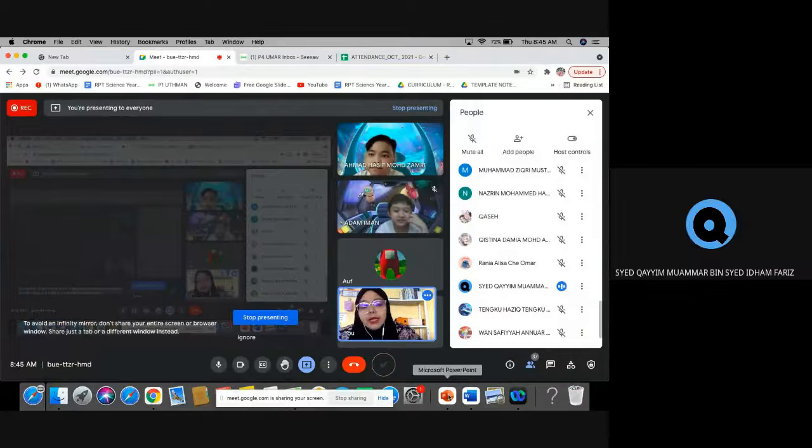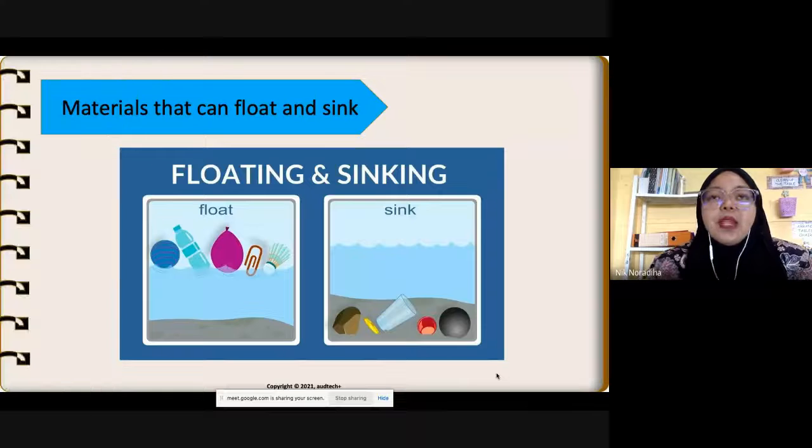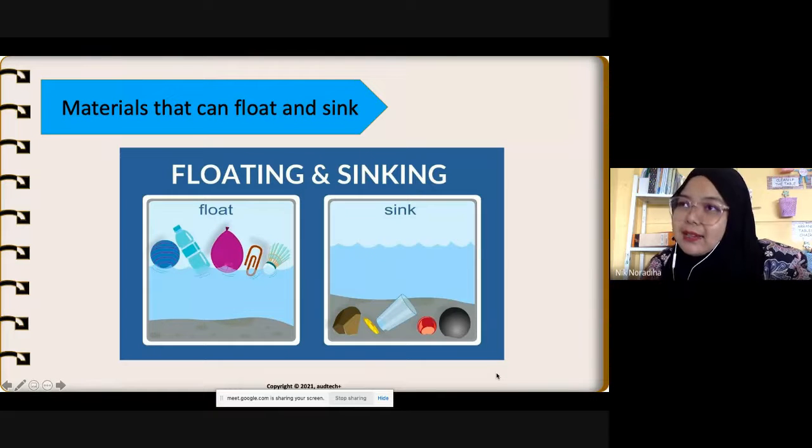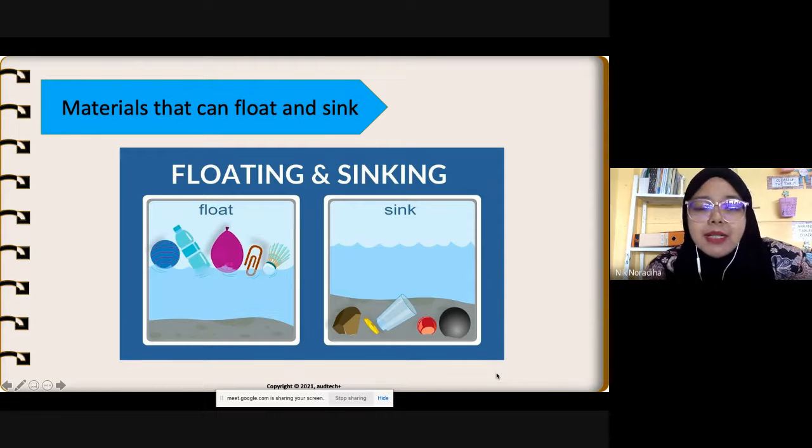If that object can float on the surface of water, it means the object is less dense than the water. Less dense. Correct. Alhamdulillah, you still remember. When that object can float, it is less dense compared to the water.